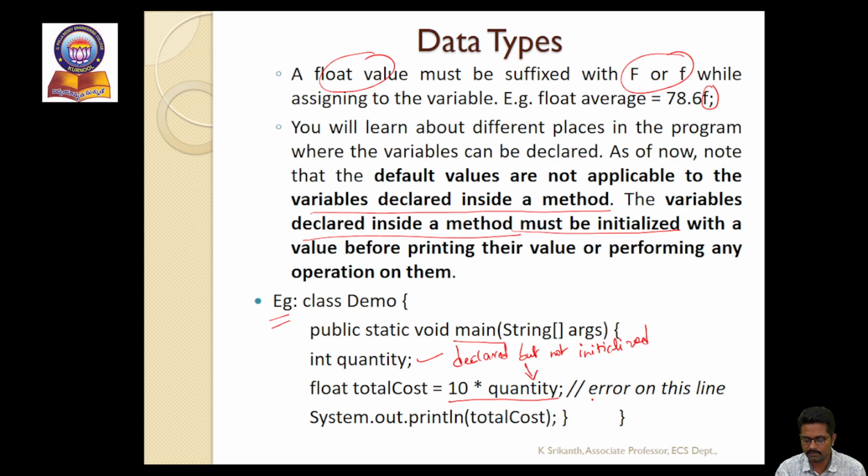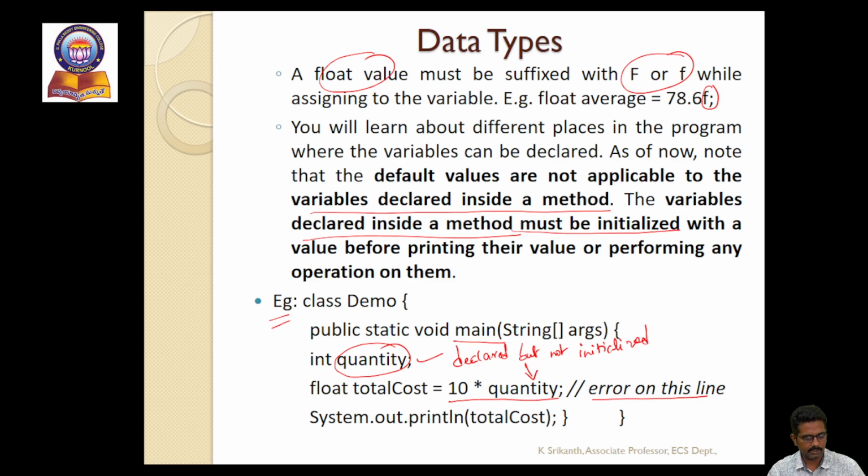So that's why we get an error in this line. According to Java inventors, it is mandatory to initialize the local variables of a method, otherwise you will get an error mentioning that the variable is uninitialized.